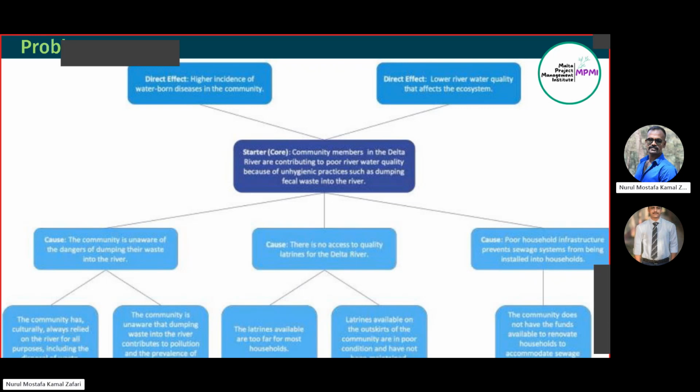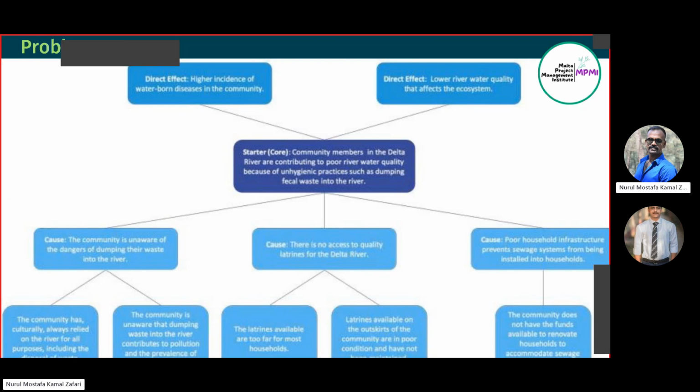So there is a high incidence of waterborne disease among the community people. Then also, as the river water is being contaminated, it's destroying the ecosystem of the river. So these are 2 direct effects of the core problem.